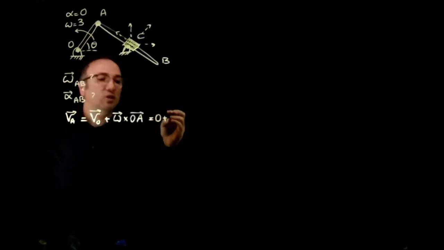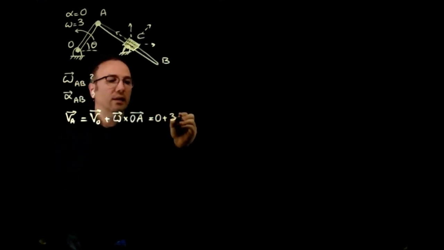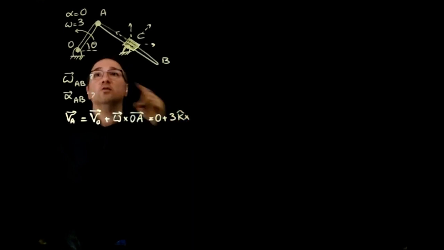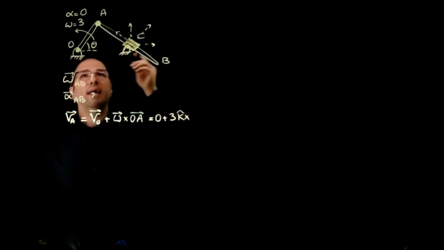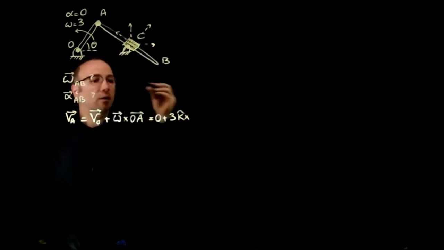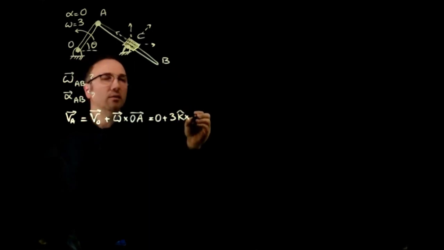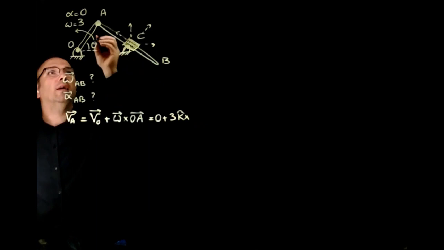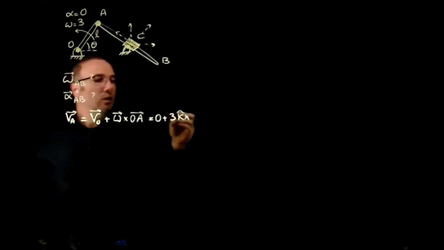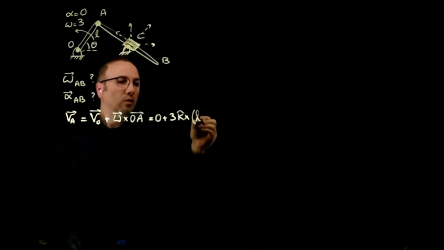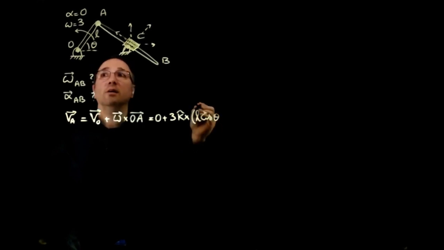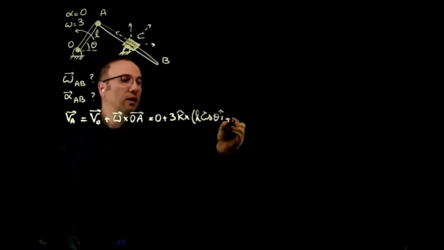Zero plus omega, which is 3k hat, cross OA, which would be, let's call the length OA L, L cosine theta i hat plus L sine theta j hat.